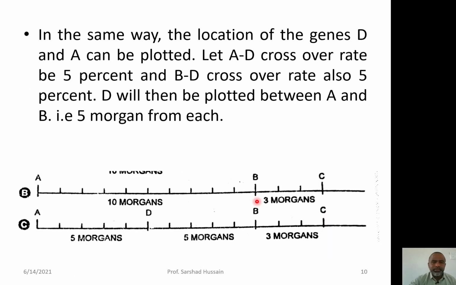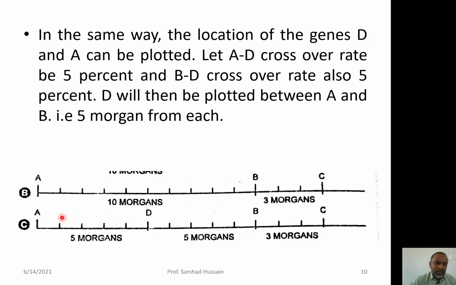Then similarly, let us now see where D is located. So, you have seen that the percent of crossing over between A and D is 5 Morgan units, or 5%.